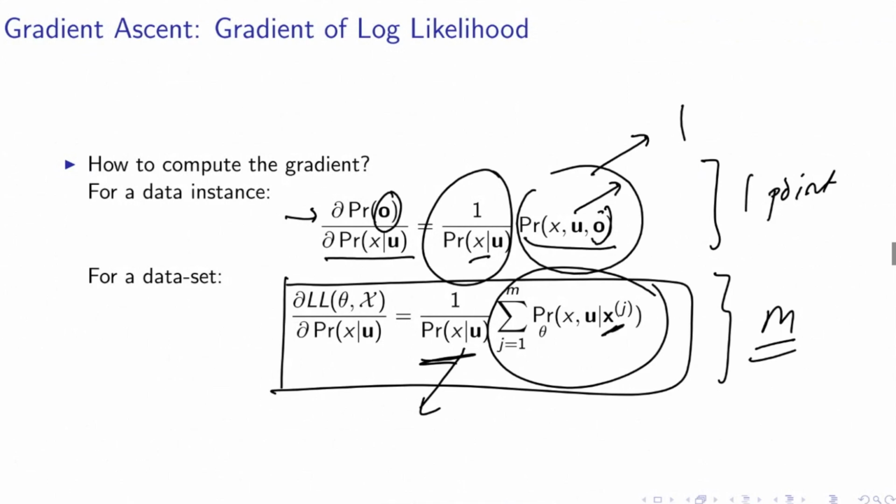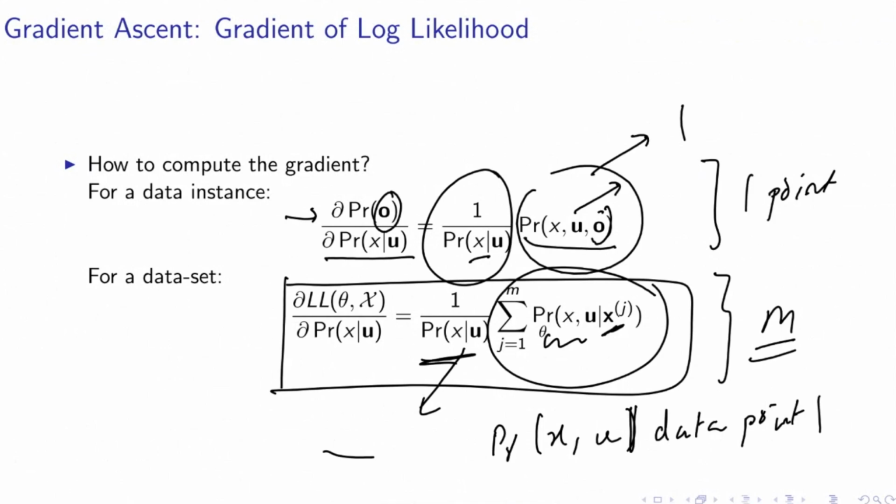So the sufficient statistics here again, as you can see, is probability of x comma u given the data point, same as the EM algorithm. So technically, we can use inference procedures such as the junction tree algorithm to compute these sufficient statistics.